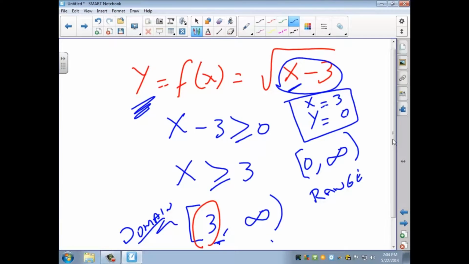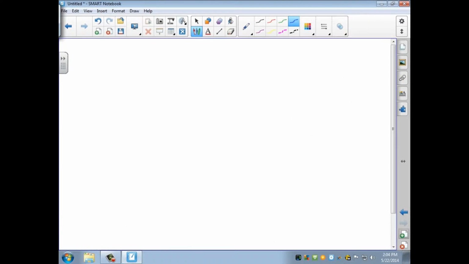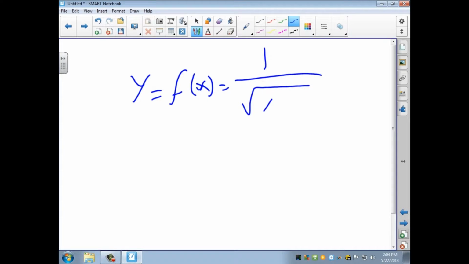So when you have a combination of these, by the way, if you have y as a function of x, and that is equal to, say, 1 over the square root of x minus 10, you have a quotient, you have a denominator, and you have a square root. Because of the square root, what is under the square root has to be positive.